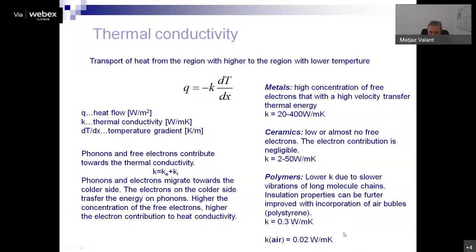Now, if we trap air into the polymer, we will get all kinds of very efficient thermal insulation materials, like polystyrene, for instance. And that is very good to thermally insulate our houses, for instance, where no extremely high temperatures are in the environment.